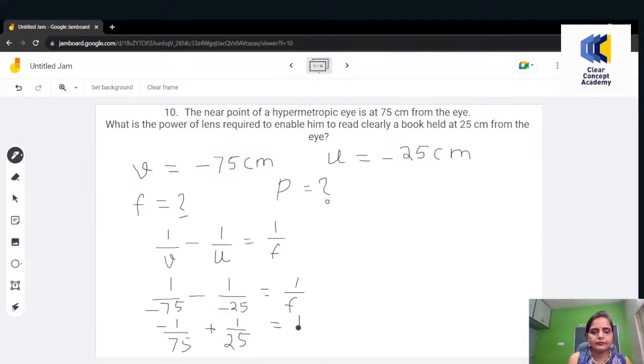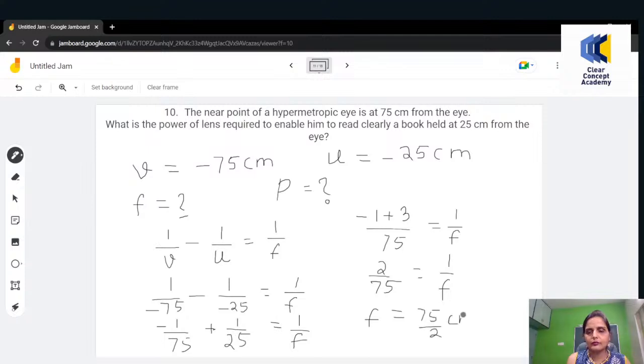You make the denominator same. So you get minus 1 plus 3 upon 75 is equal to 1 by F. So you get 2 upon 75 is equal to 1 by F. So you get F is equal to 75 by 2 centimeter.